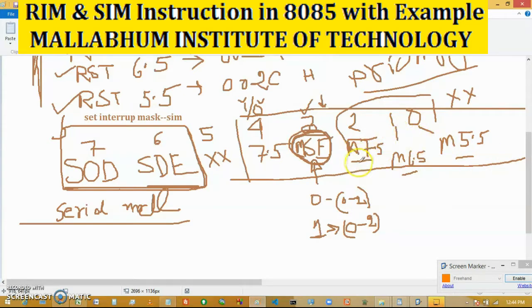So first is 7.5, 6.5 and 5.5, and if 0 is loaded in any of the 3 flip flops, that means this interrupt is available. We are enabling this flip flop if it is loaded 0, and if it is loaded 1, that means this interrupt is masked. Masked means disabled.